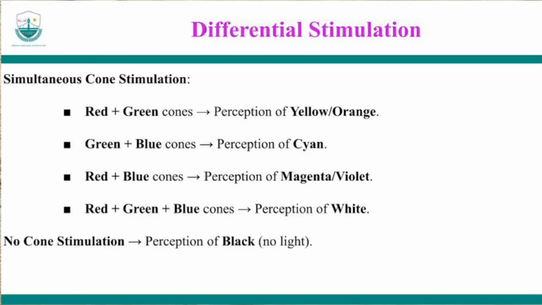And then you have green plus blue cones being stimulated at the same time, you will have cyan. Red and blue, you have magenta or violet.